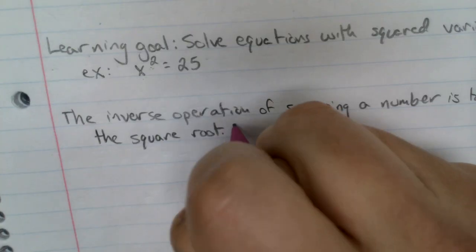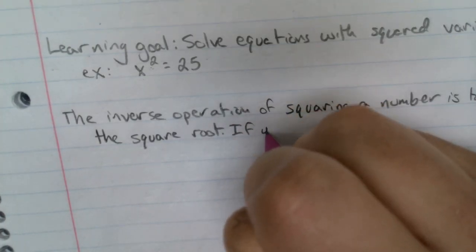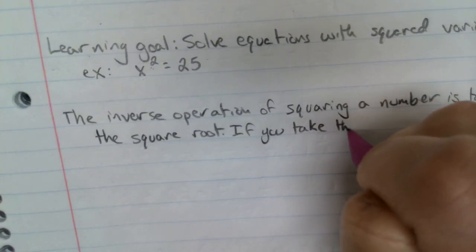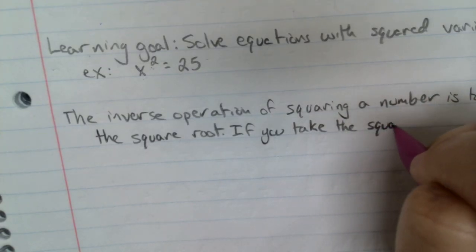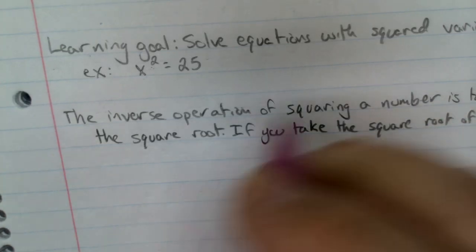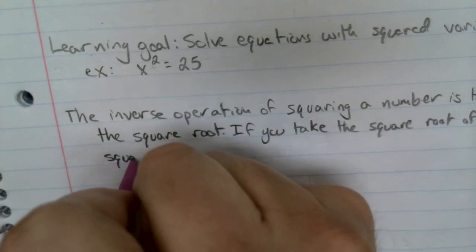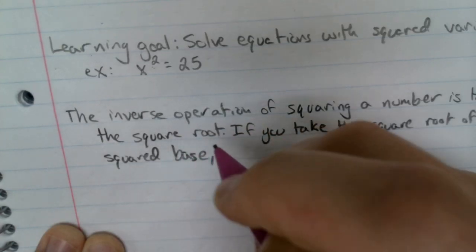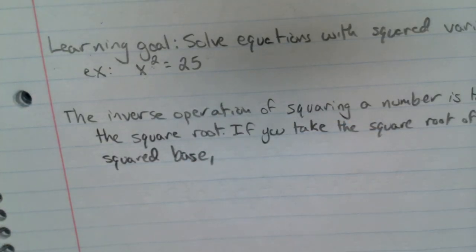If you take the square root of a squared base, the root and the exponent undo each other.